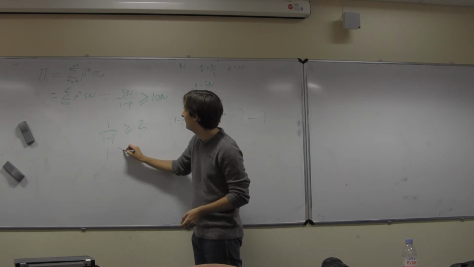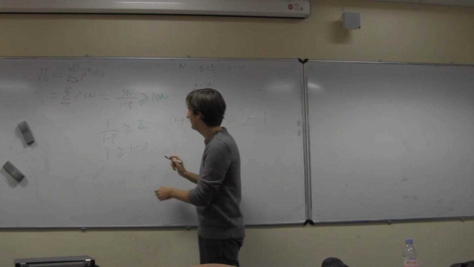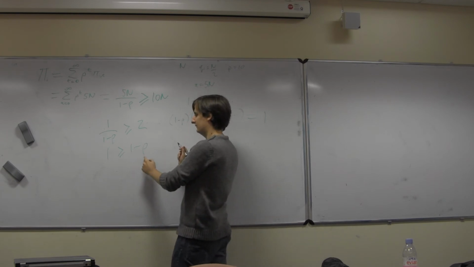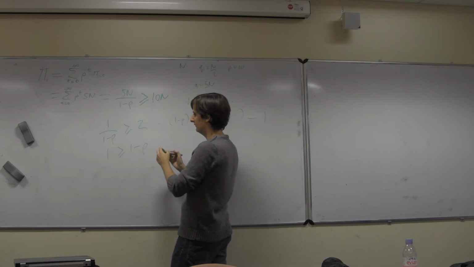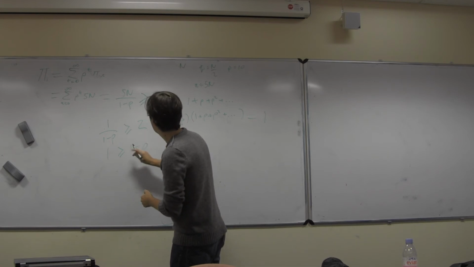So 1 has to be bigger or equal to 2 times 1 minus rho, so 1 has to be bigger or equal to 2 minus 2 rho.